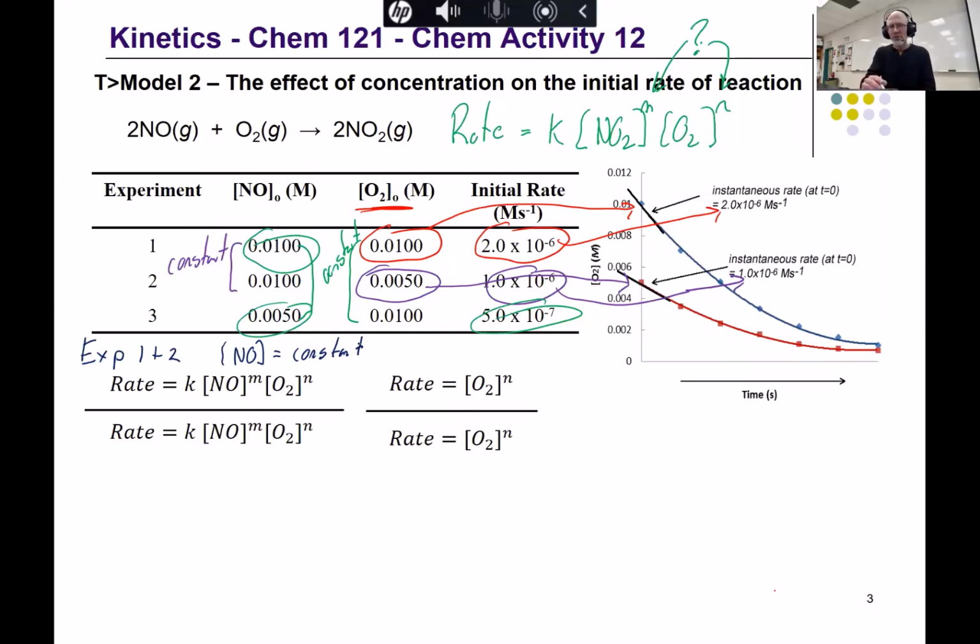I'll say a whole lot more about rate constants going on, but it's a constant. It's a constant for however you run the reaction at a particular temperature, and we'll assume temperature is constant. We just said that the nitrogen monoxide concentration is constant. So then my overall equation reduces down to this simplification.